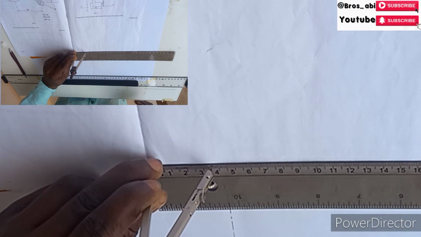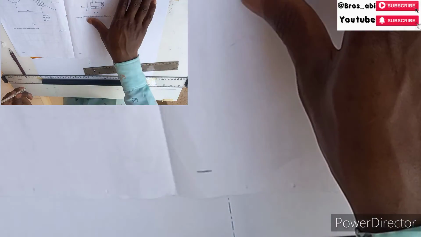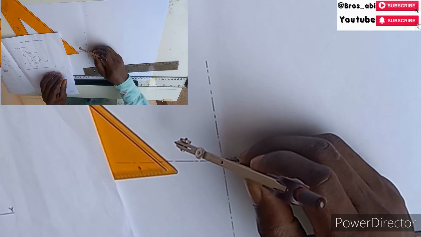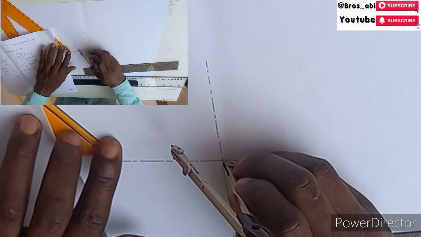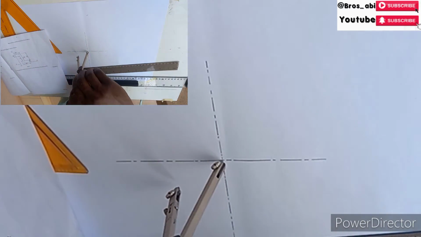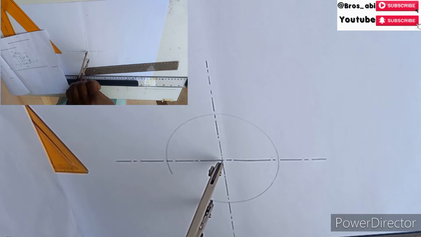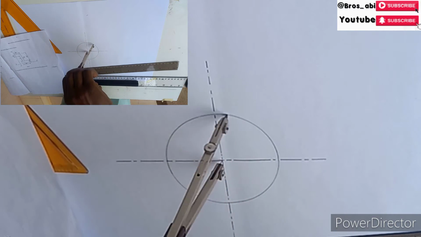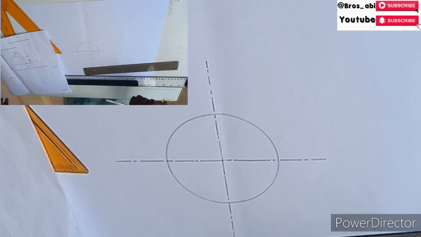Here is 35. So I'll put it at the center, where the vertical line meets with the center line. Now this is my circle.